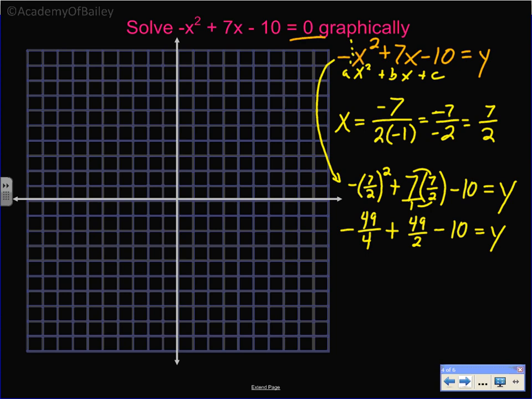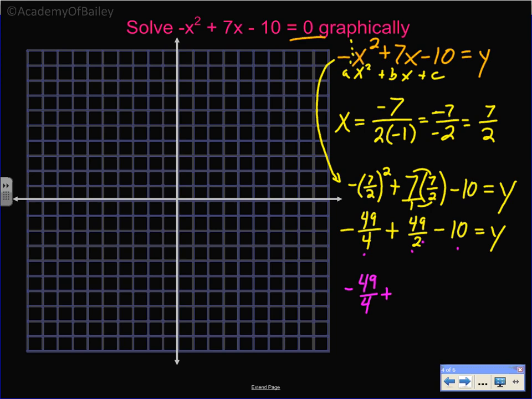So now let's go ahead and get common denominators the same. We have denominators of 4, 2, and 1, so 4 is going to be the common denominator.